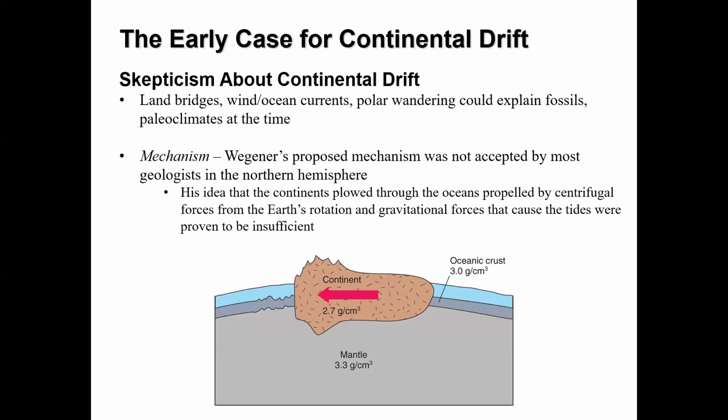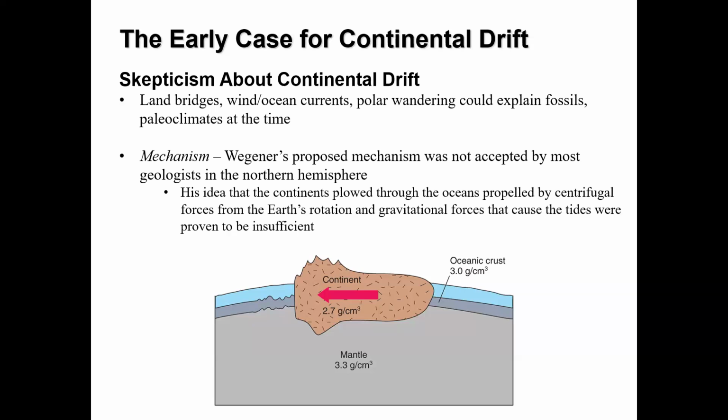So the early case for continental drift has a lot of different evidence to support this hypothesis. Again, you've got the fit of the continents, you've got various rocks and fossils that seem to match across Gondwana in particular. We have glaciation patterns, coal bed locations, paleoclimate belts, lots of different things that could suggest that the continents have moved over time.